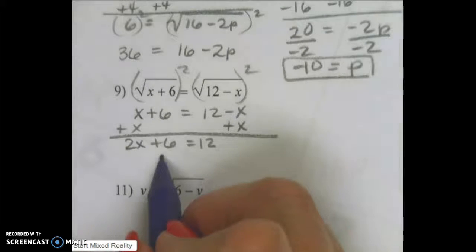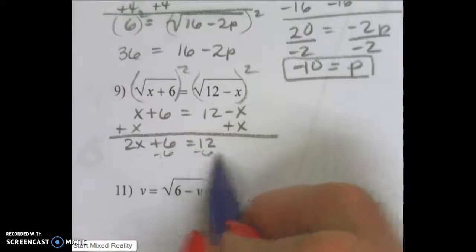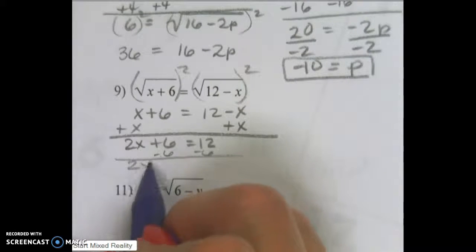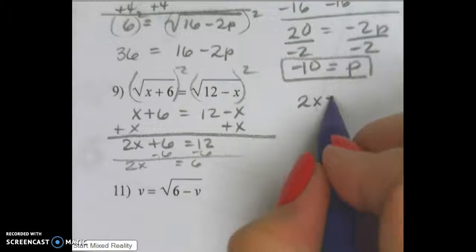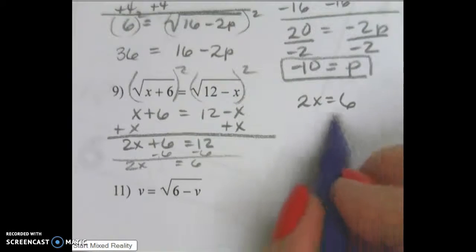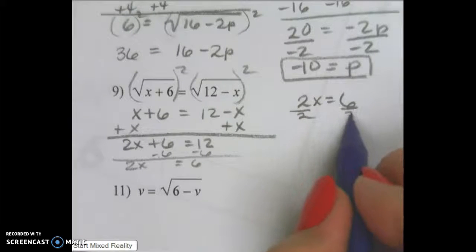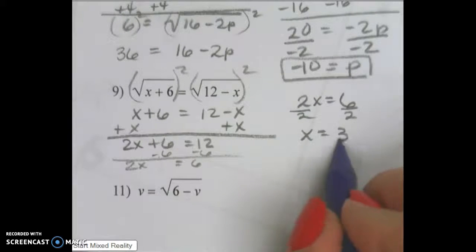Subtract my 6. And I get that 2x equals 6. I've run out of room, so let's go over to the side and finish. Divide by 2, and x equals 3.